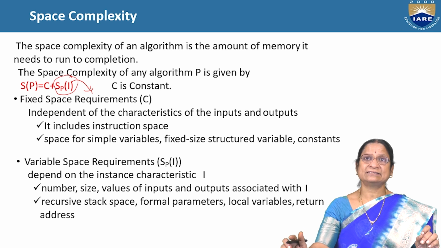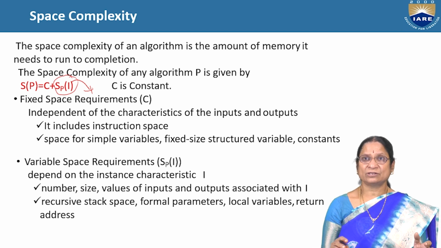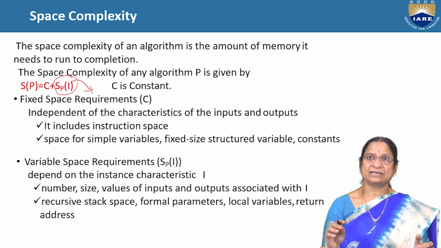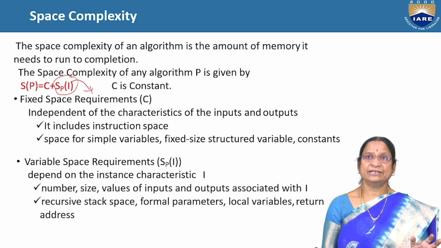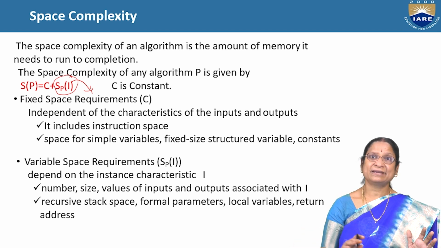Let us take an example of sorting. When you are sorting an array of elements, the array may be 100 elements, 1000 elements, or 1500 elements, or any number of elements. But irrespective of that, your sorting technique may use some additional memory space for swapping or for storing temporary data.